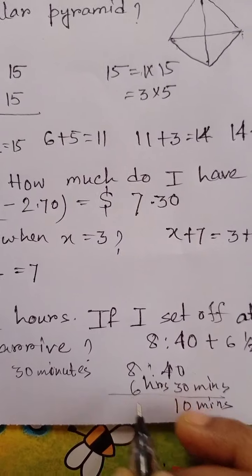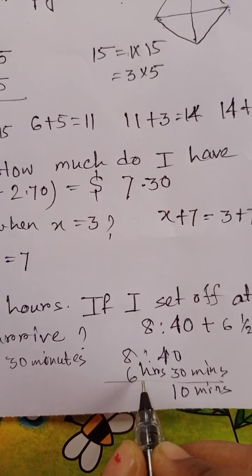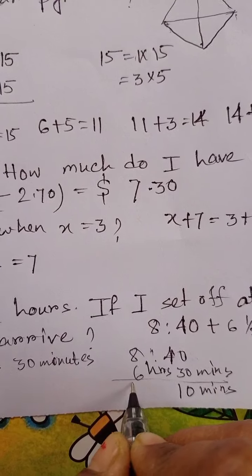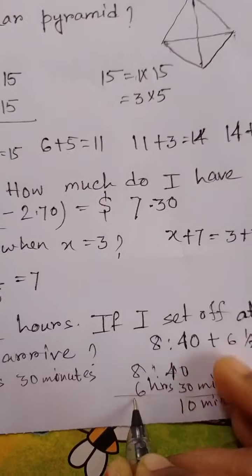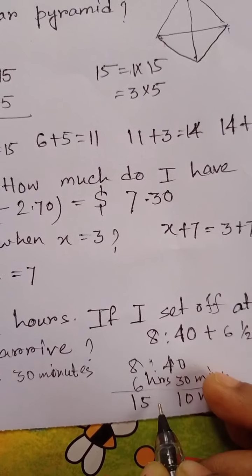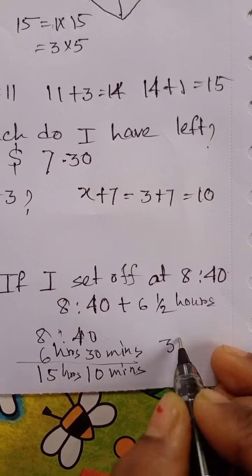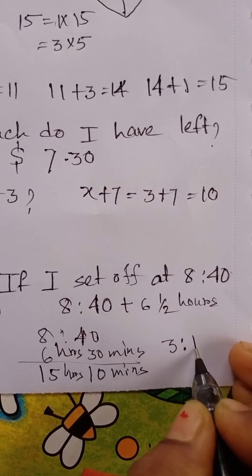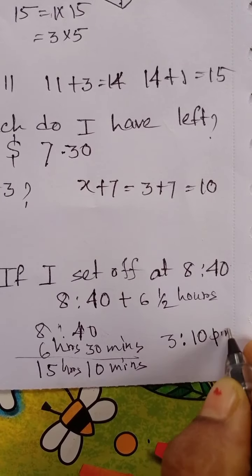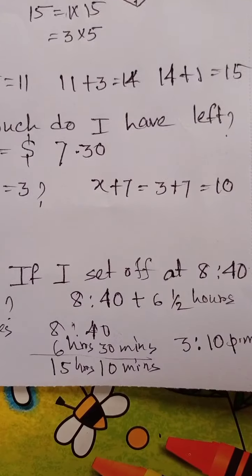So 14 and 15. 15 means 3. 3:10 p.m. So the time is 3:10 p.m. Okay.